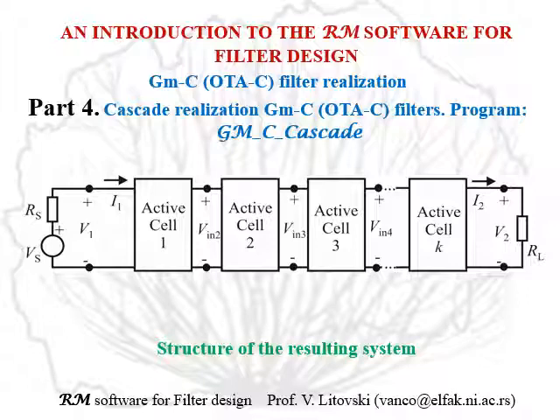Here is the structure of the filter, which is fundamentally the same as the structure of the active RC, with the difference that here, in place of active RC, we have active GMC cells.